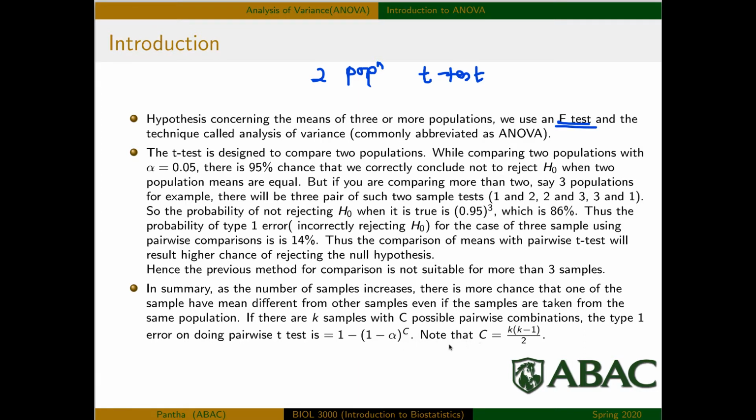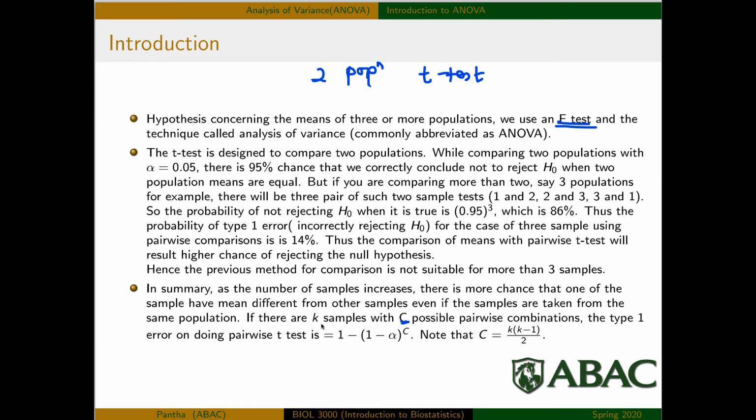Here c is the number of possible pairwise combinations, which is k times k minus 1 over 2.